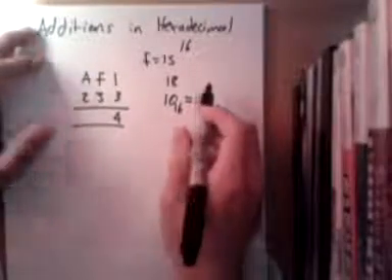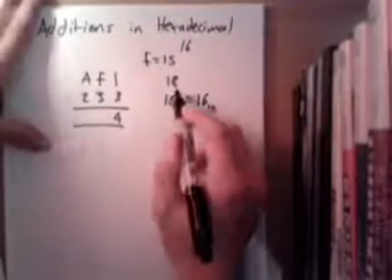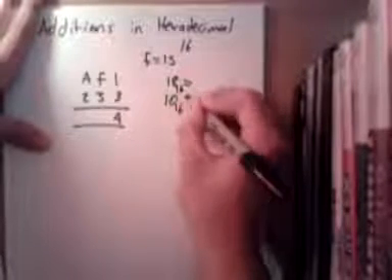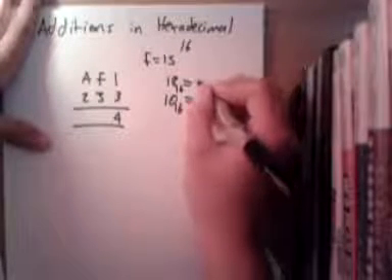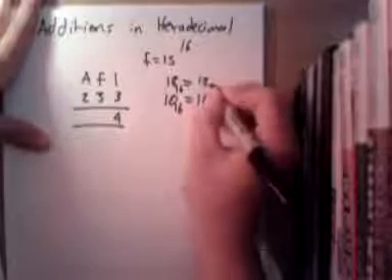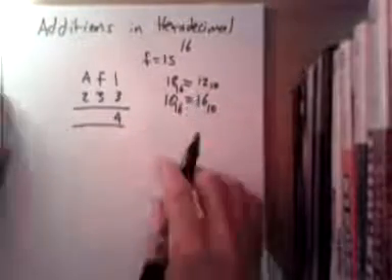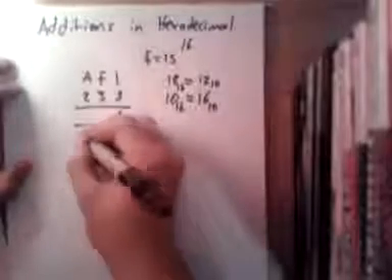Right. So 18 is actually going to be 12 in hexadecimal. So we can carry 1. 2.